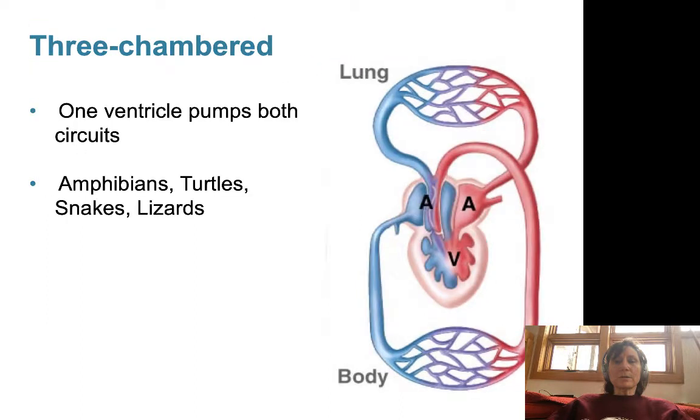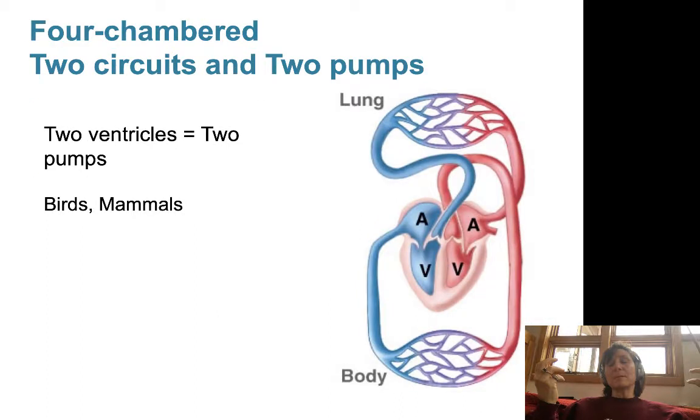But the benefit, as you can see in this case, is that you have a separate oxygenated, pulmonary circuit that efficiently picks up oxygenated blood and helps to at least partially separate that and then send that oxygenated blood directly to the body. And then, of course, in birds and mammals, and technically in crocodiles too, although it is a little bit different, we have four-chambered hearts.